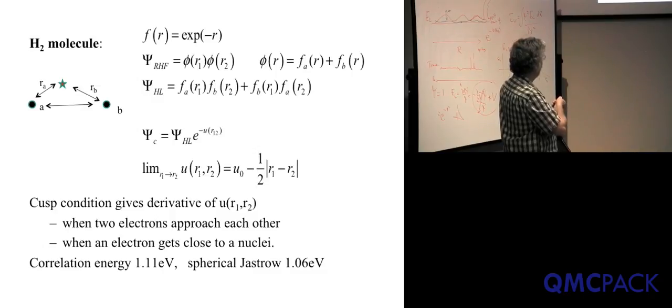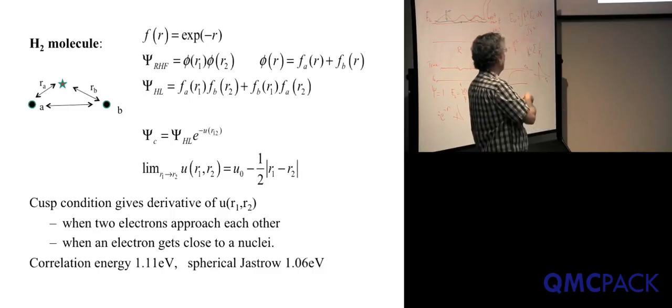And this is this U function. Basically, all you know about this U function is the cusp condition, what happens when two electrons get close together. The cusp condition gives you the derivative of U when they get close together, and it tells you what happens when an electron gets close to a nucleus.